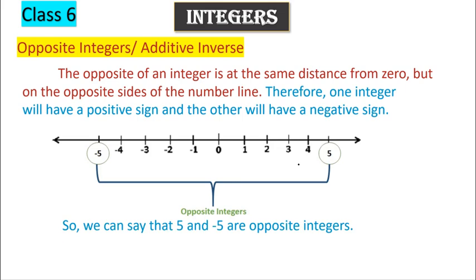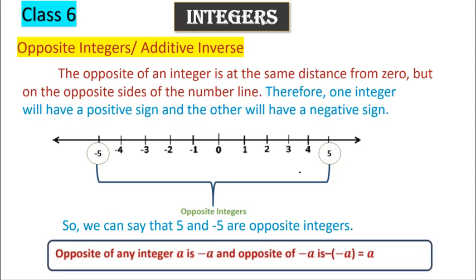The opposite of an integer a is -a. The opposite of integer -a is minus of -a, which is positive a. It is like the negative of -5 is positive 5. This means the opposite of -5 is positive 5, and the opposite of 5 is -5.